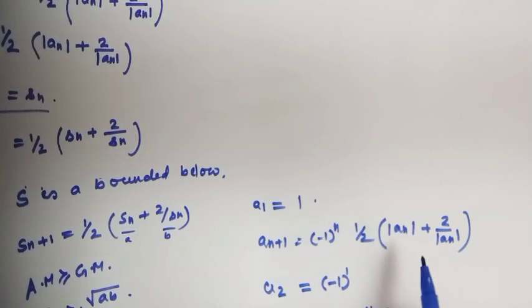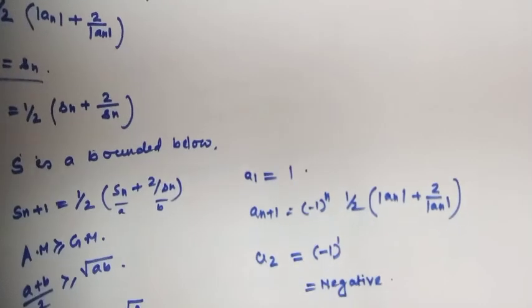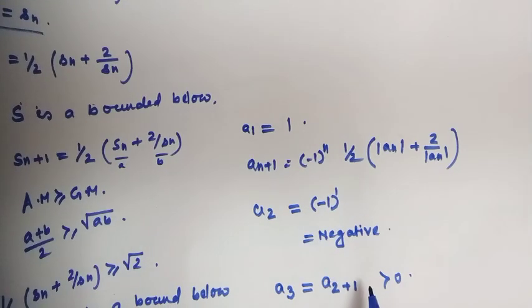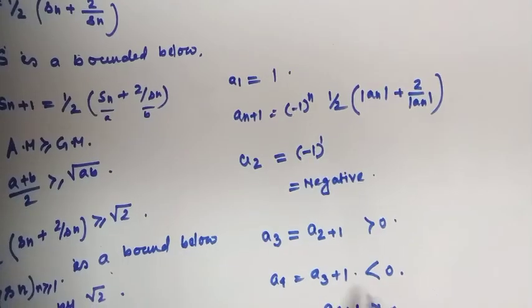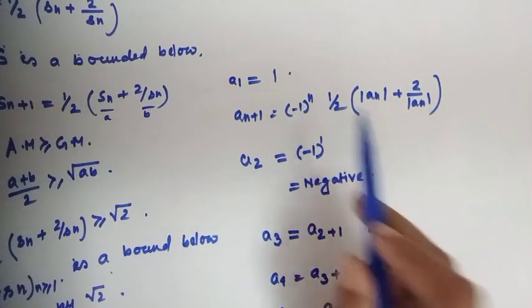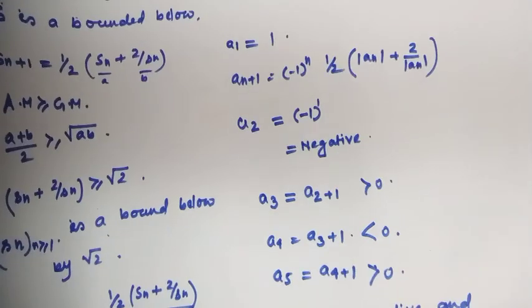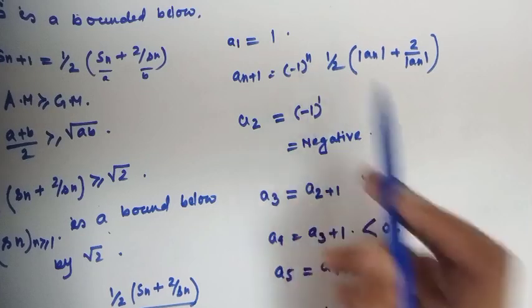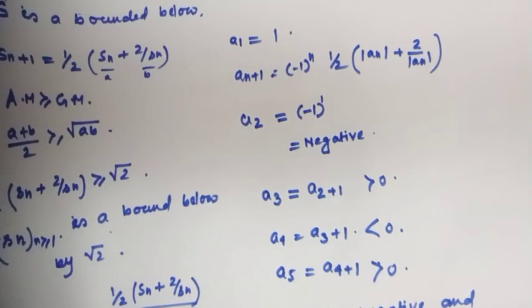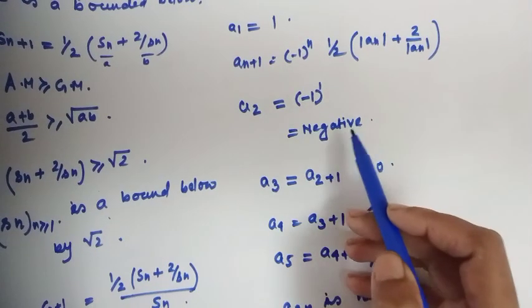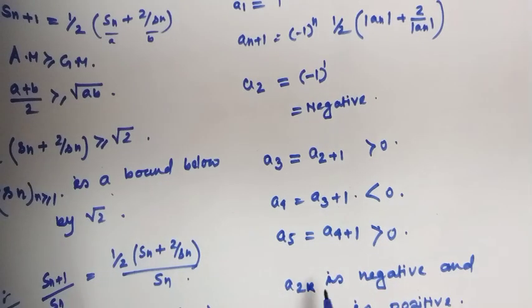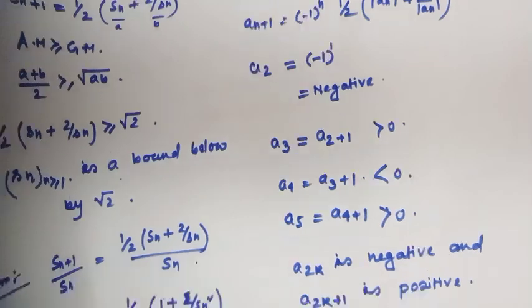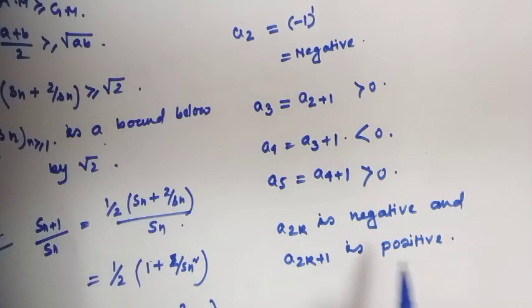Let's consider the other terms of the sequence. a_3 equals a_2 plus 1, with (-1)^2, this is positive. a_4 equals a_3 plus 1 with (-1)^3, this is negative. a_5 equals a_4 plus 1 with (-1)^4, this is positive. From these terms, we can write that the even term a_{2k} is negative and the odd term a_{2k+1} is positive.